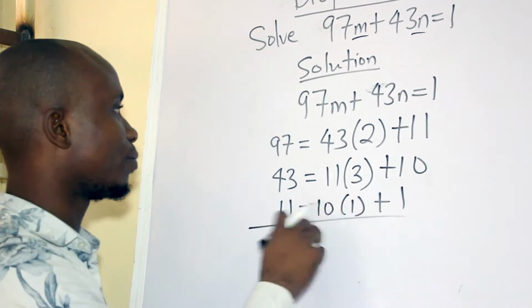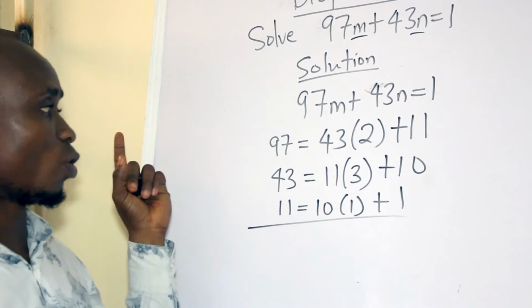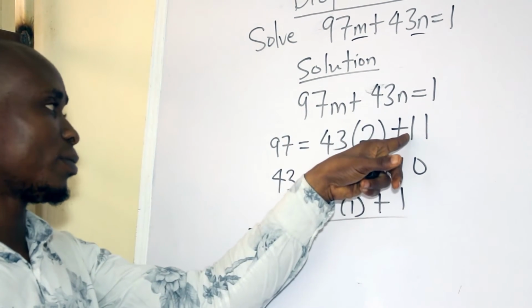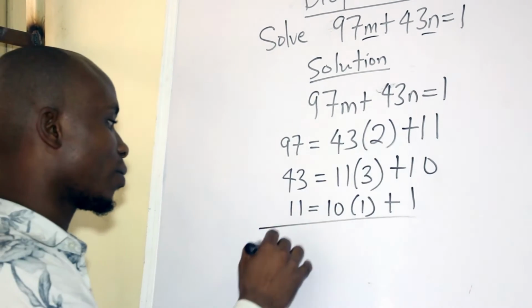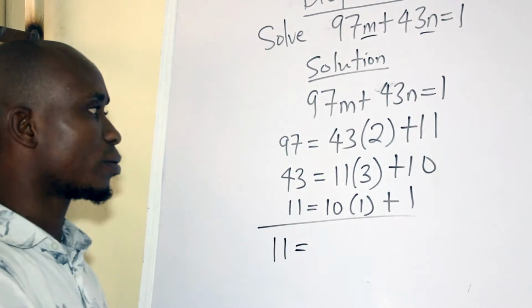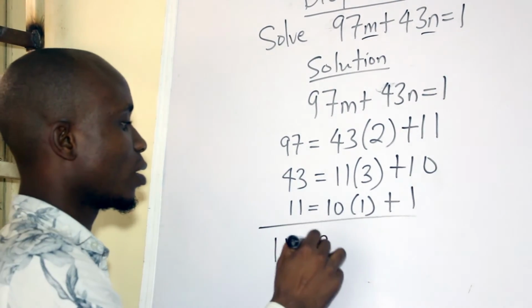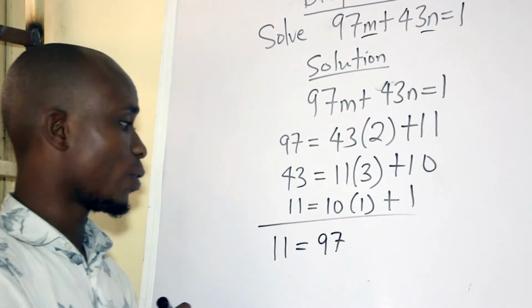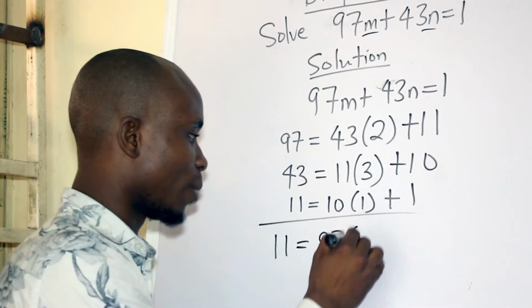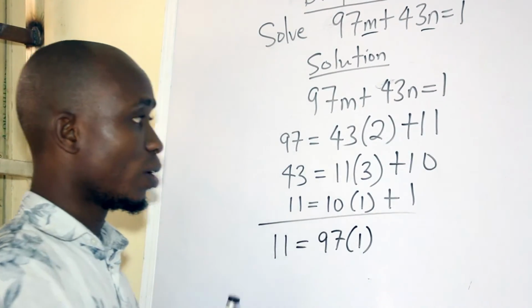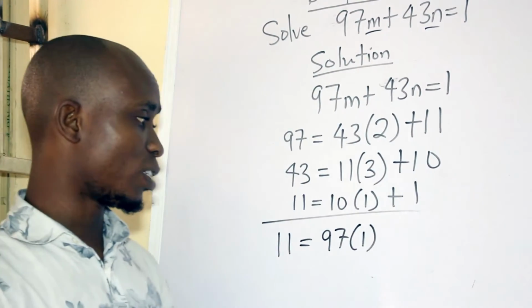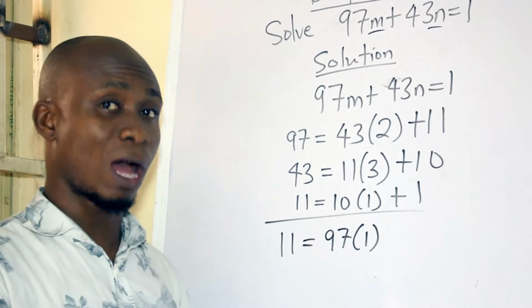So we're going to have, now I'm going to solve for the remainder from the beginning. So we're going to have 11 equals 97. Now, when I multiply 97 by 1, it is still 97. Because at the end of the day, the numbers in parentheses will form our solution.